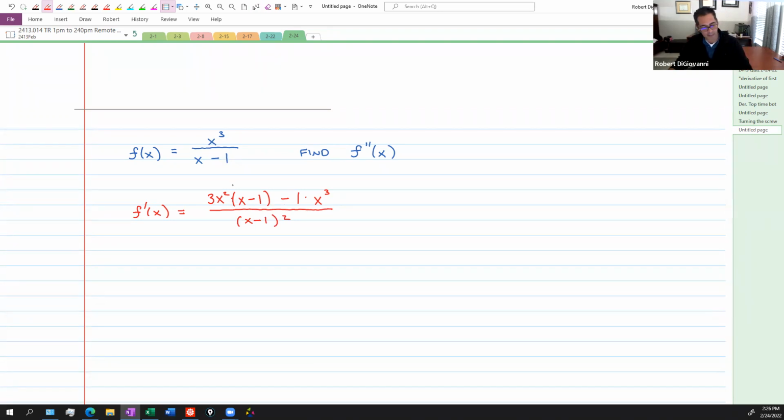So let's clean it up. I'm going to distribute here. So we will get 3x cubed minus 3x squared minus x cubed all over the bottom, which is x minus 1 squared, right?